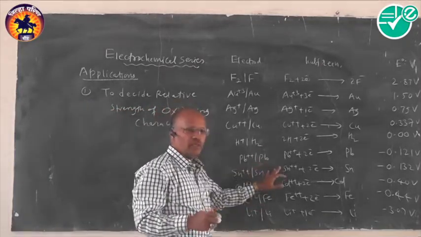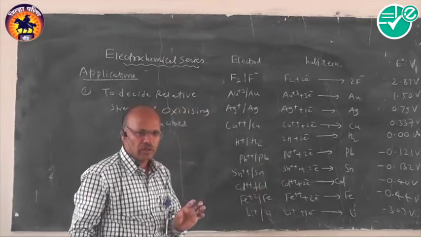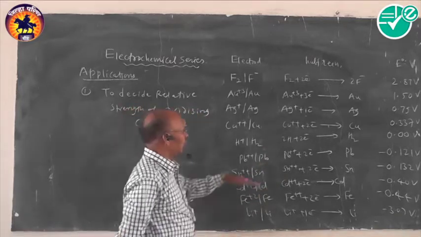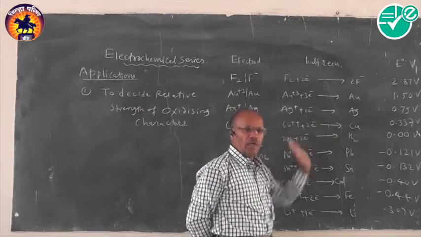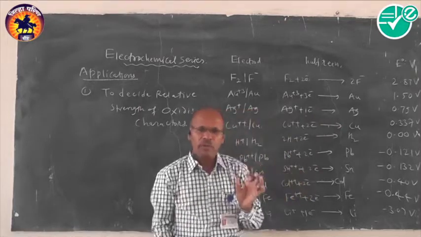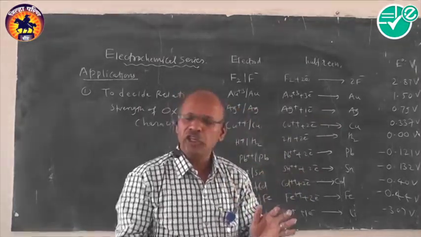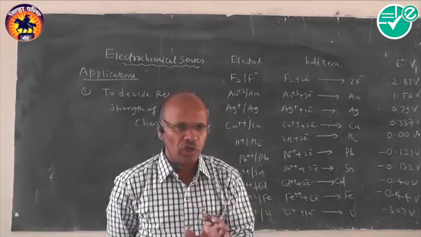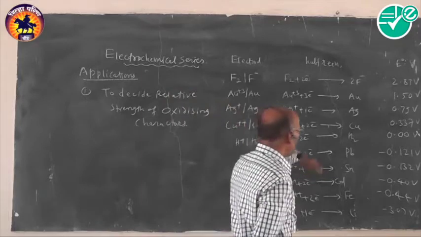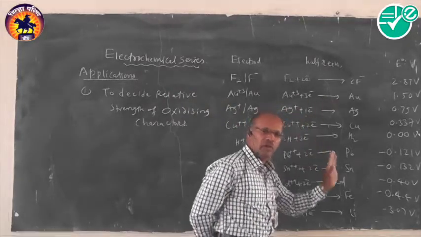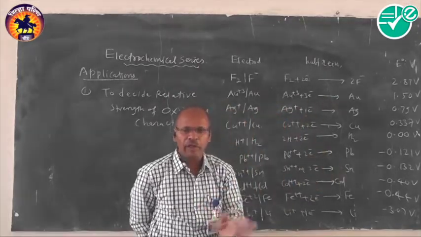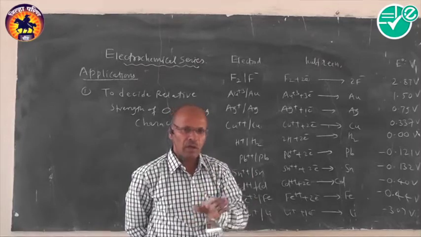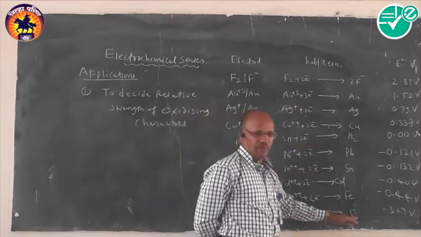Now here in this particular case, think here about the elements which have been placed in the upper part of the EMF series. Now how is the EMF series constructed? It is in a very simple way. The electrodes having positive value of the electrode potential, standard potential, are placed in the upper portion. Along the same, the electrodes having negative values of the electrode potential or standard potential are placed at the bottom.